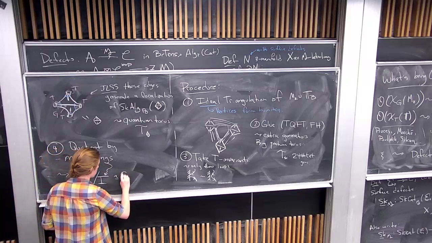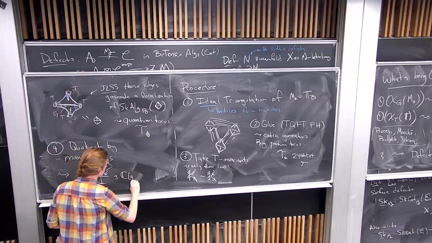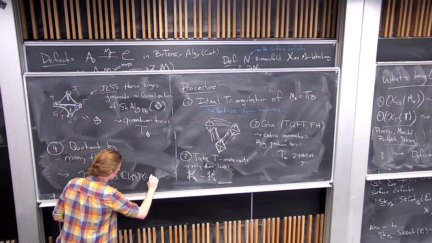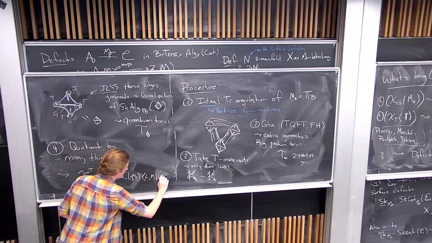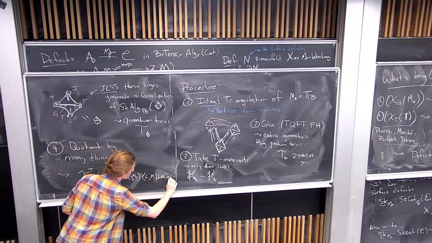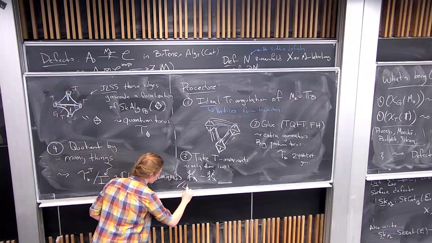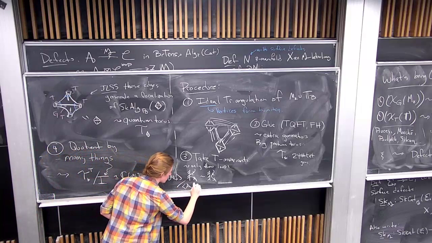And what this ends up looking like, one-half M equals q to the M L, mod some ideal.